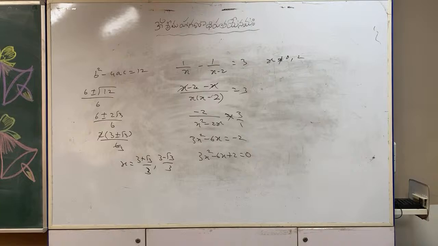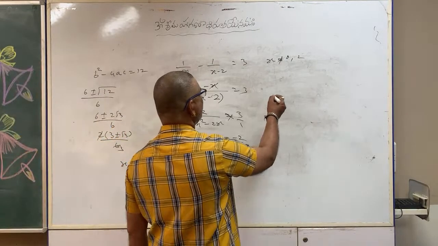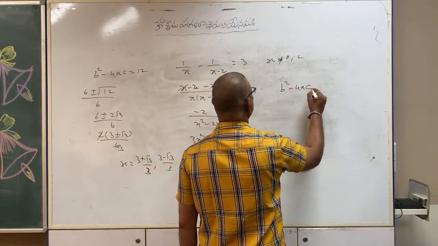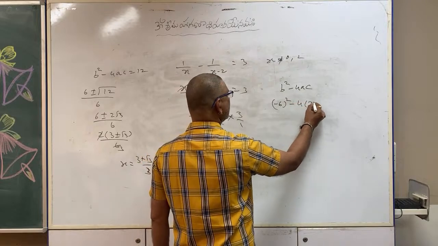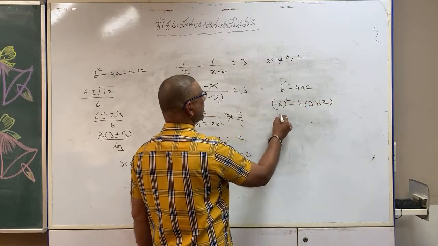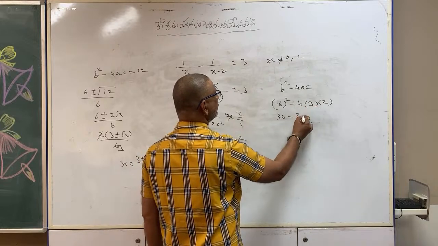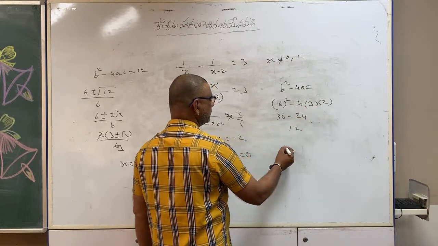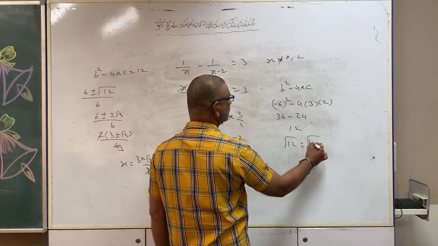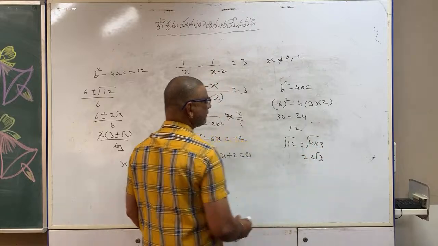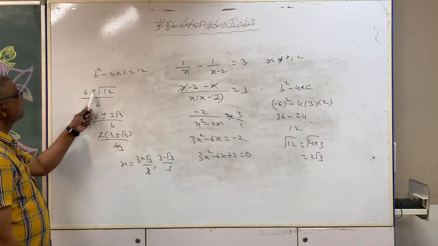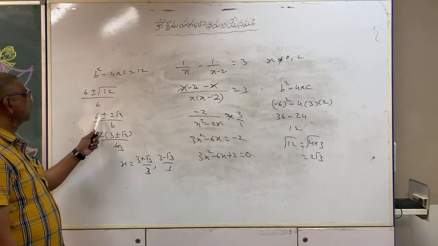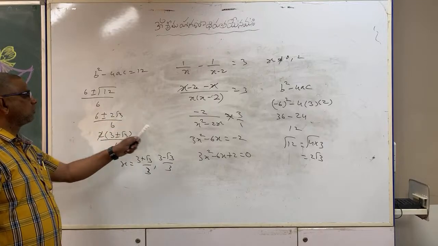b square minus 4ac value. What is b square? Minus 6 square, that is 36. 4ac is 12, so 36 minus 12 is 24. Root over 12 is nothing but 4 into 3, which is 2 root 3. So 6 plus or minus 2 root 3.